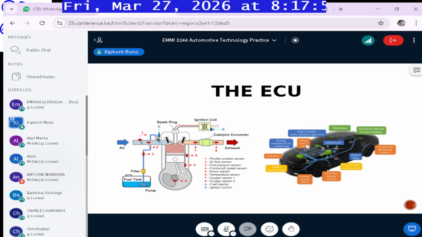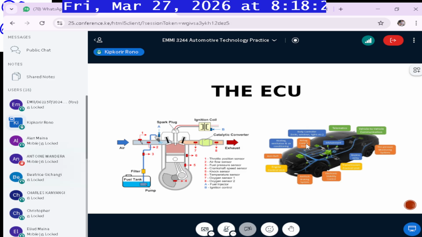Sensor number 7, which is an oxygen sensor, will measure the amount of oxygen molecules present in the exhaust gases. It will go through the catalytic converter and also measure after the catalytic converter, that is at number 8. So it will compare the two of them.